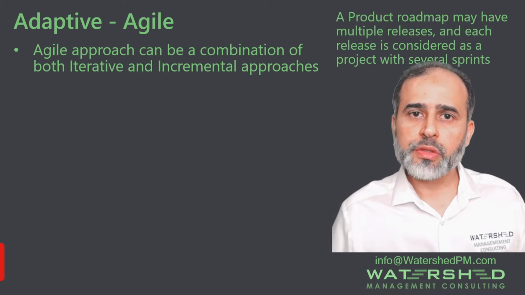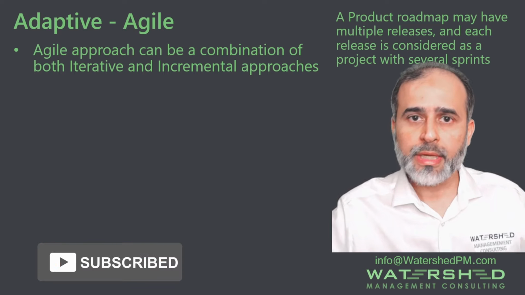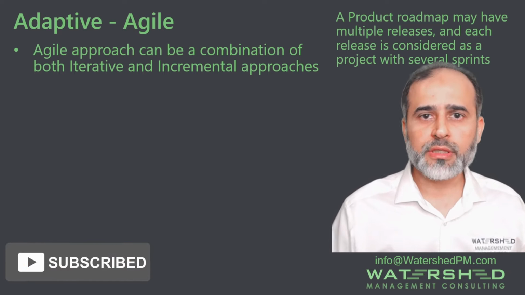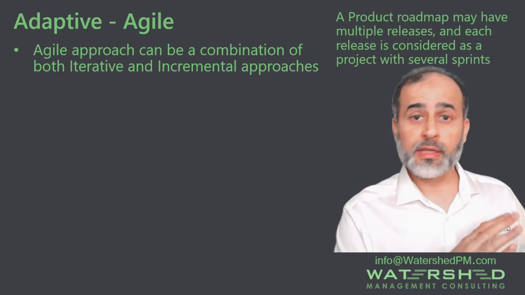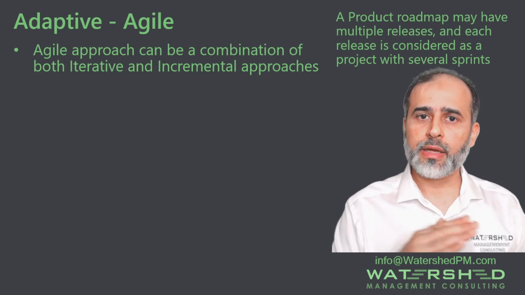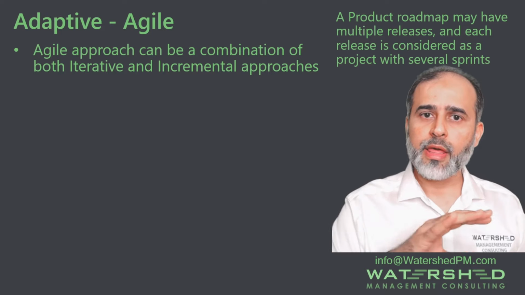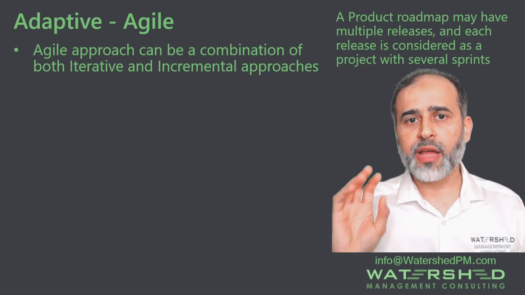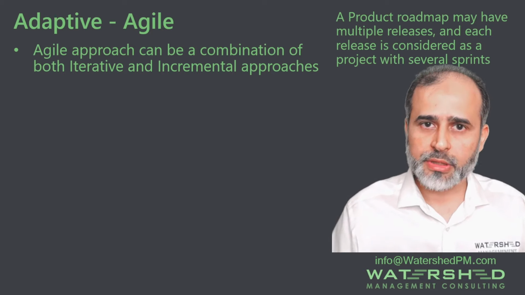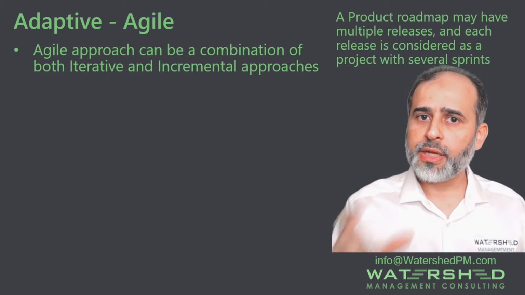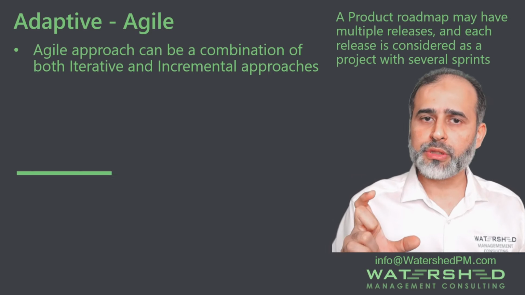And furthermore, the agile project management methodology actually blends both iterative and incremental approaches. Let me explain that now. We said that the software has a life cycle and a roadmap, and in that roadmap, you can have multiple releases, and each release is considered as a project. Within each release, you would agree with the client on what the sprint duration is.